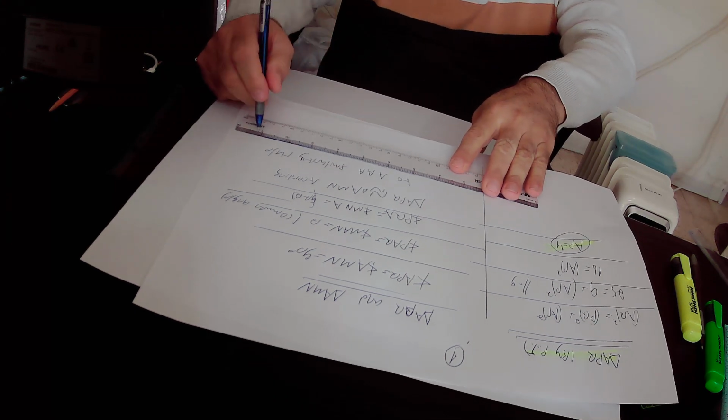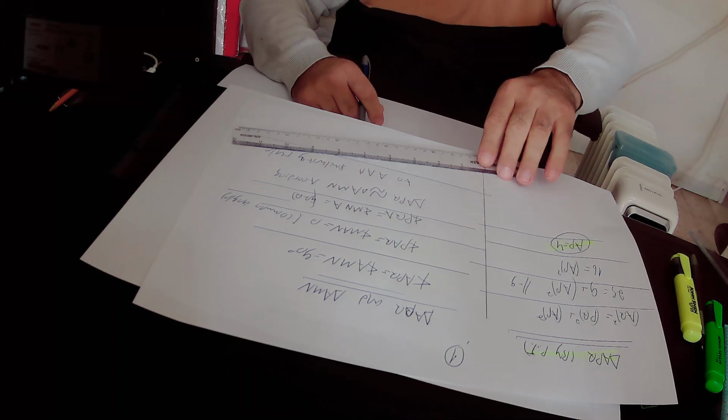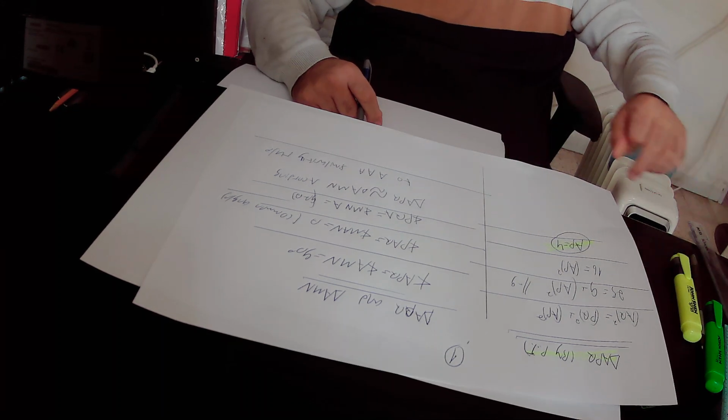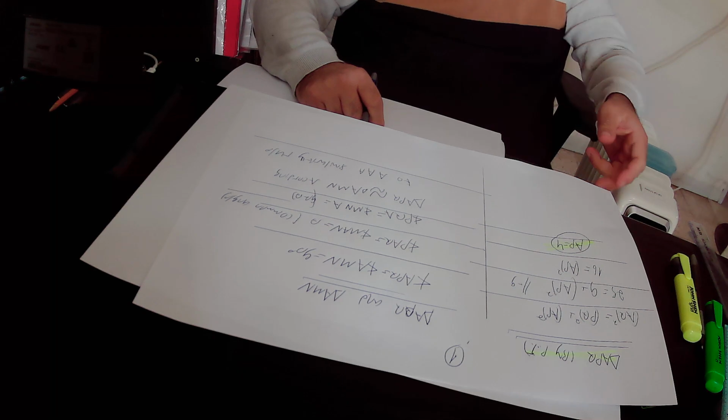The meaning of the angle similarity rule is that if all three angles of one triangle are equal to all three angles of the other triangle, then those two triangles will be similar to each other according to the angle similarity rule.